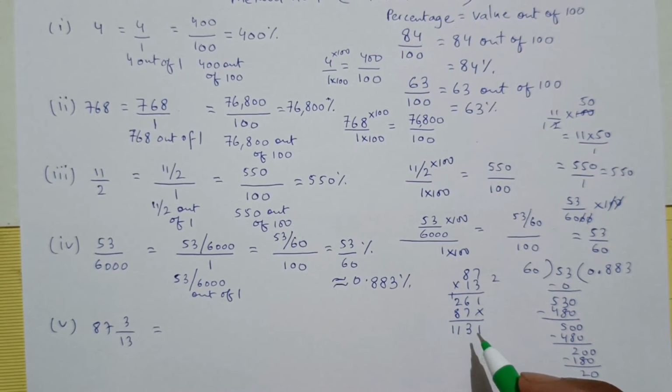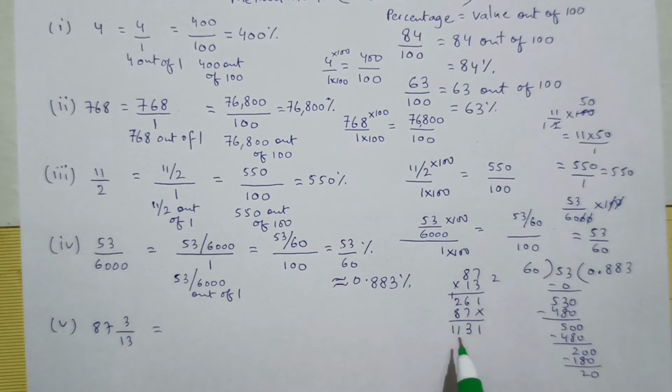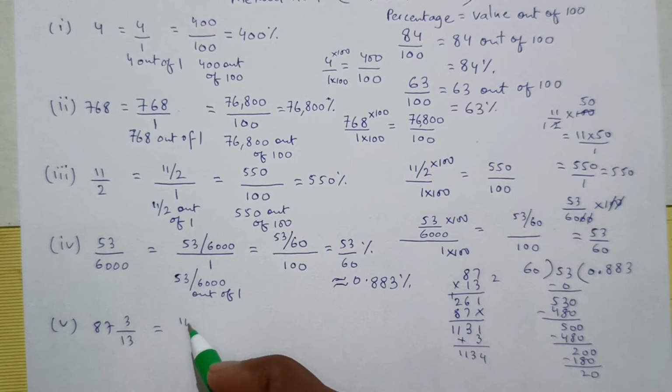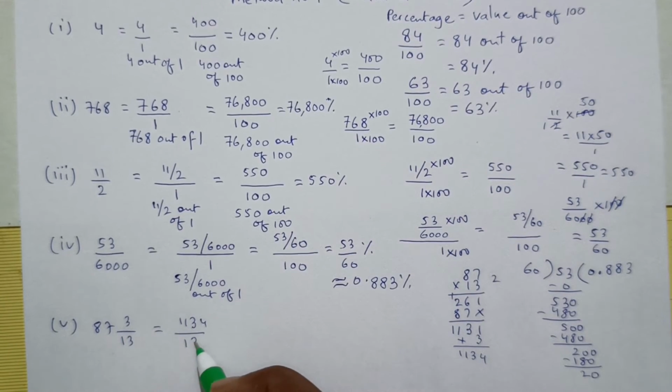So 87 into 13 is 1131. Now 1131 plus 3 will be 1134. So 1134 by 13. So I have converted this mixed fraction into an improper fraction.